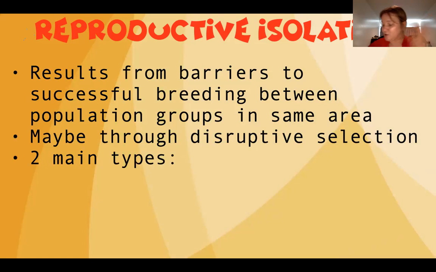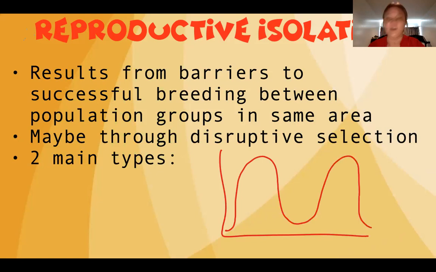Remember, disruptive selection is when either of two extremes are selected as being advantageous. So if some members of the species evolved on one end and some evolved on the other end, that could be a disruptive barrier to breeding.